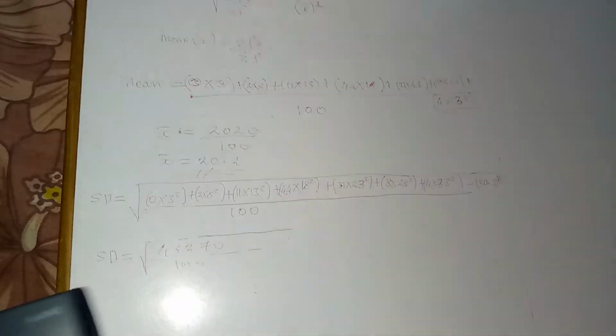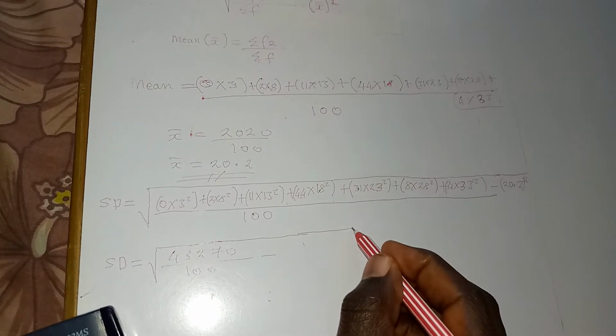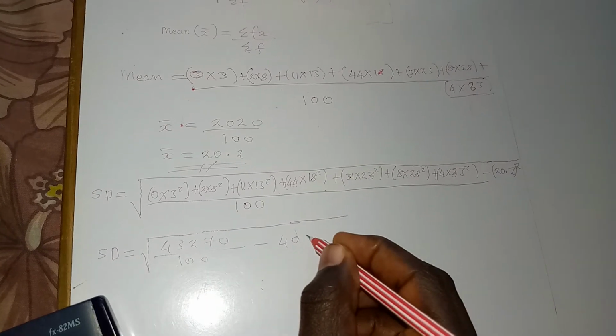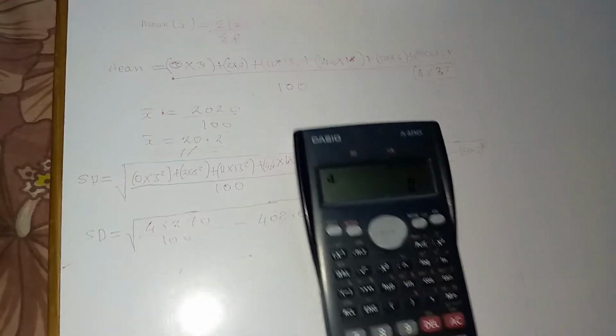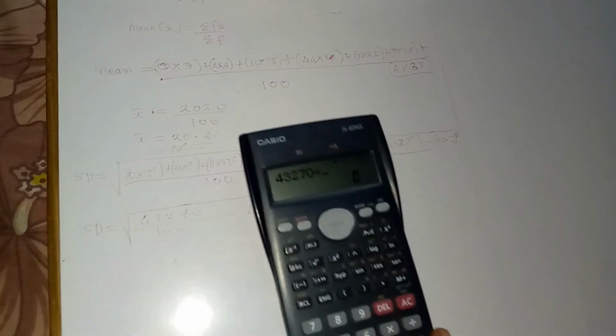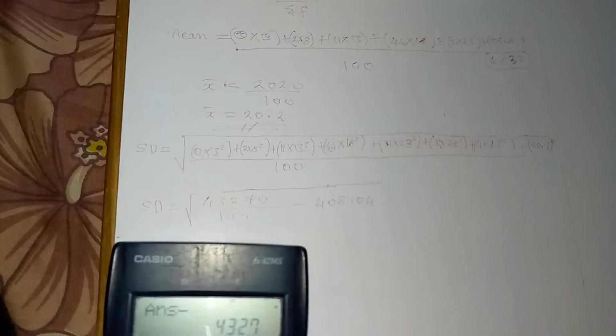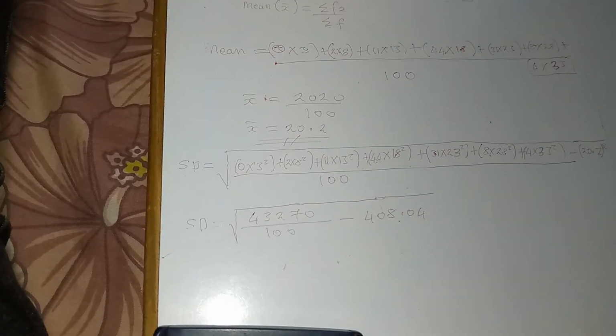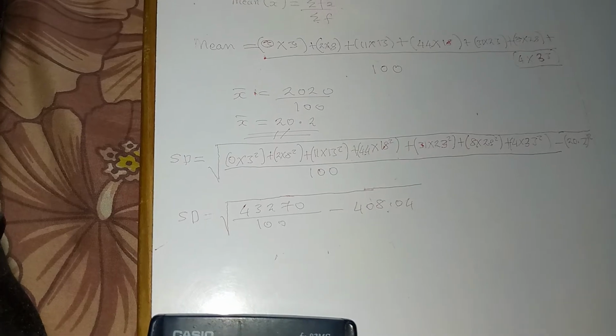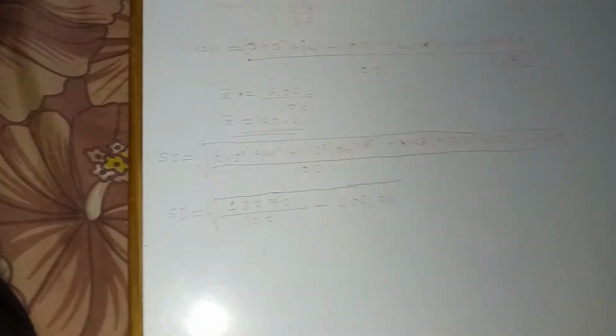You get that answer, 408.04. Then 43,270 divided by 100, you have this answer, minus 408.04. You are having 24.66 as the answer.